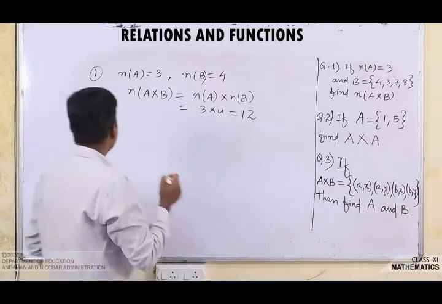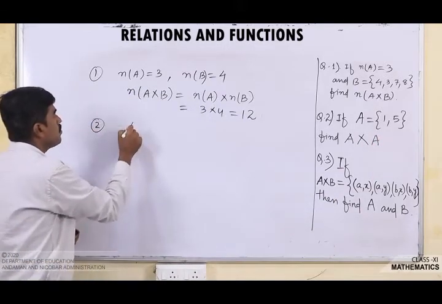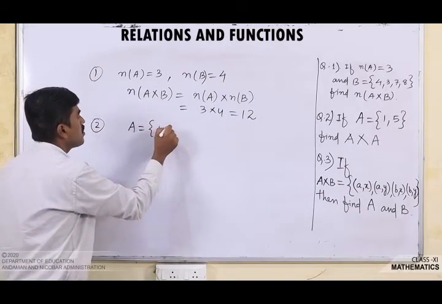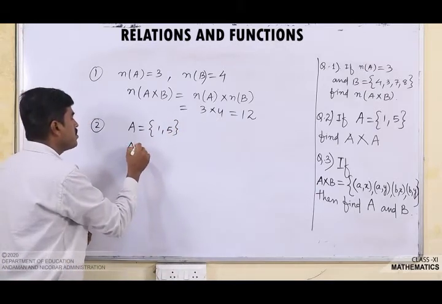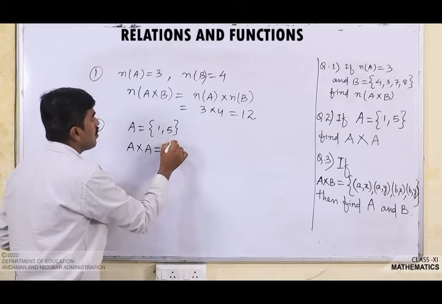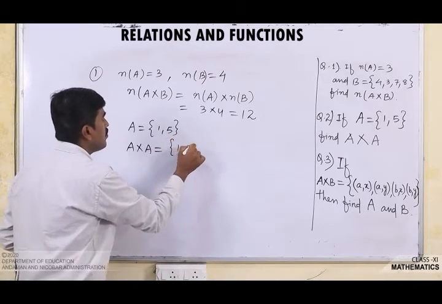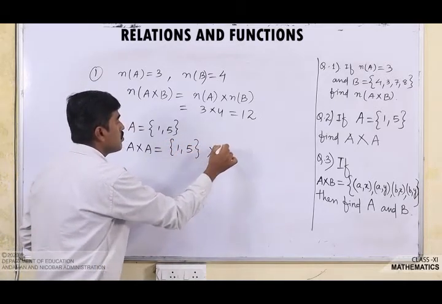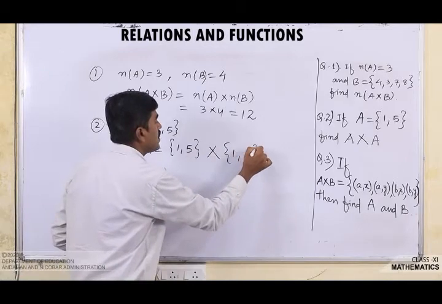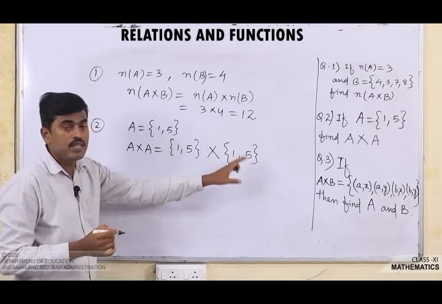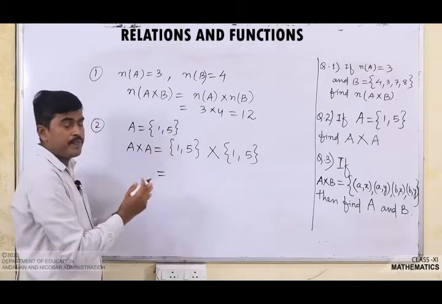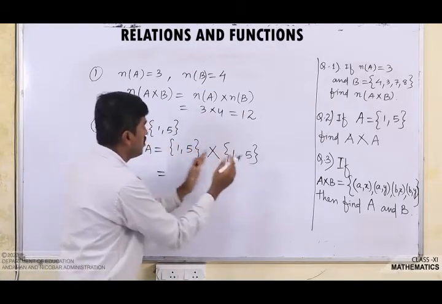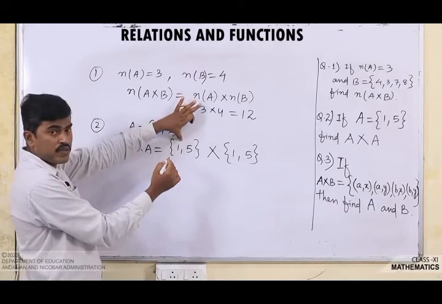Okay. So the solution of question number 2. What is given? A = {1, 5}. It contains 2 elements. A cross A. What is A cross A? A cross A = {1, 5} cross {1, 5}. We have to take the set again in place of B. This is A. Now make ordered pairs from A to A. So how will you make ordered pairs from A to A?